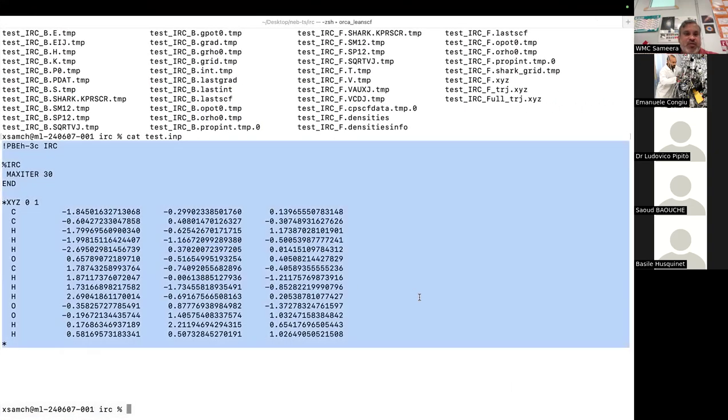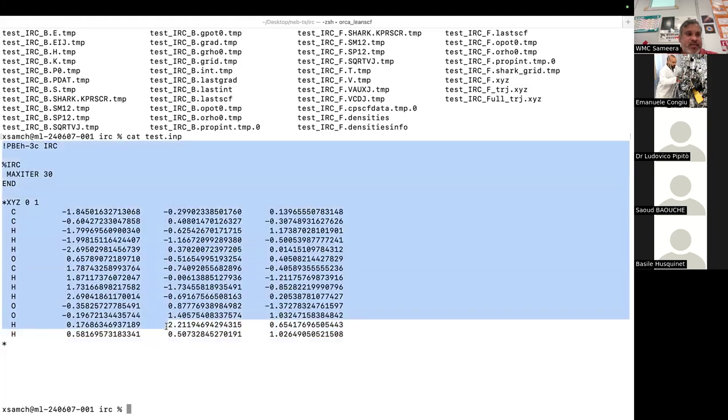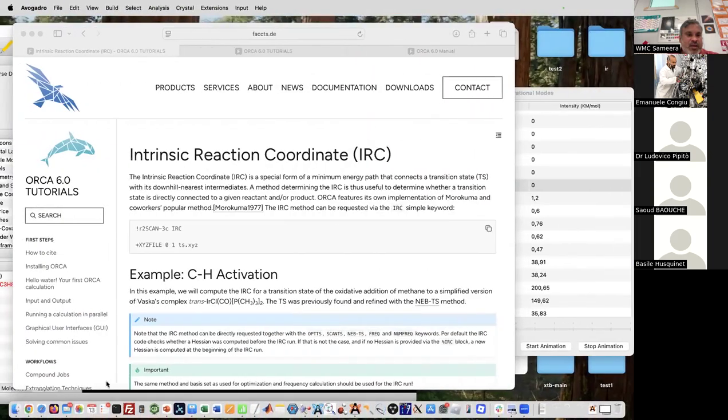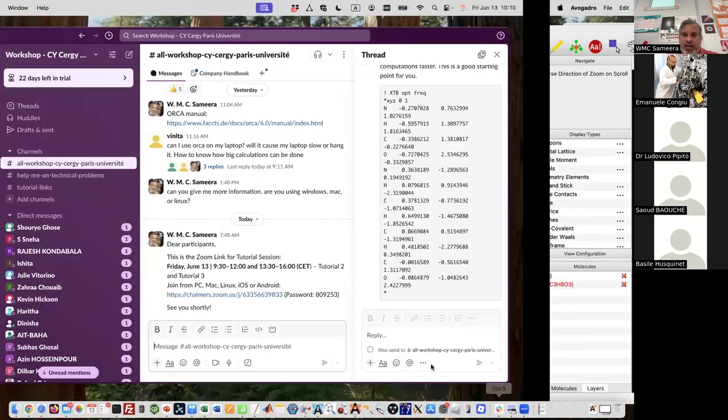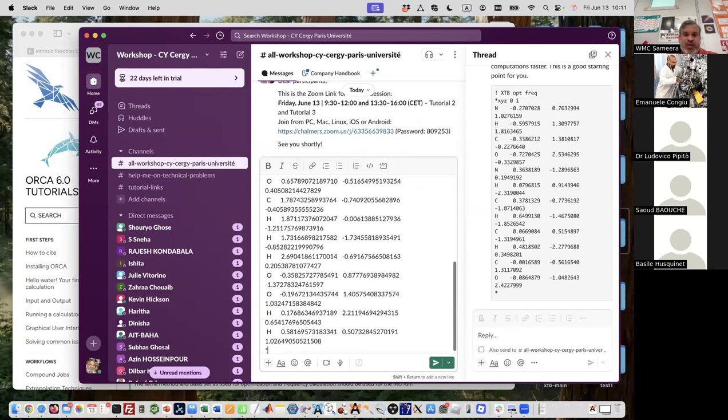So it says it's too big, so I will place it in Slack so it's easier. So you can look into the Slack.